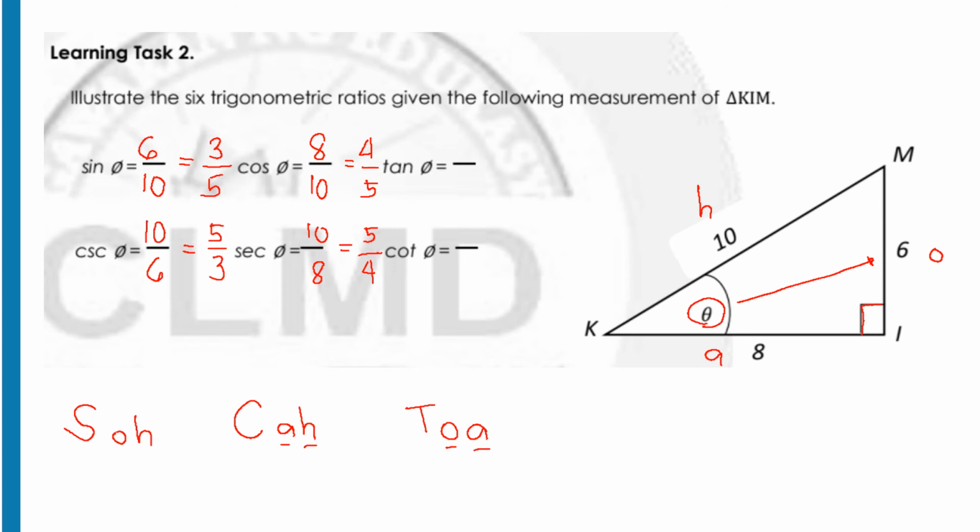Ang opposite natin, 6. And then ang adjacent natin, 8. Both divisible by 2 ang 6 and 8. Ito magiging 3. Ito magiging 4. And the reciprocal function of tangent is cotangent. Kaya naman ito magiging 8, magiging 6. At syempre pa, magiging siyang 4 over 3.